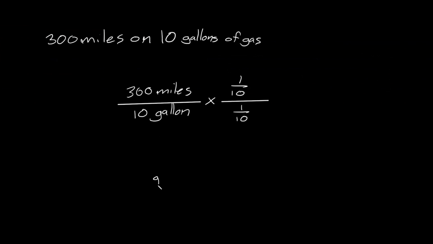That would be 1 gallon. And then 300 divided by 10, well, we're just getting rid of 1 zero, so that will be 30 miles. And this does look like what we're looking for, the fuel efficiency in miles per gallon. So this car can travel 30 miles with 1 gallon of gas.